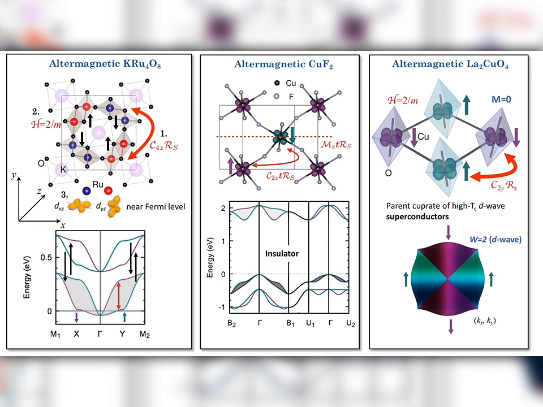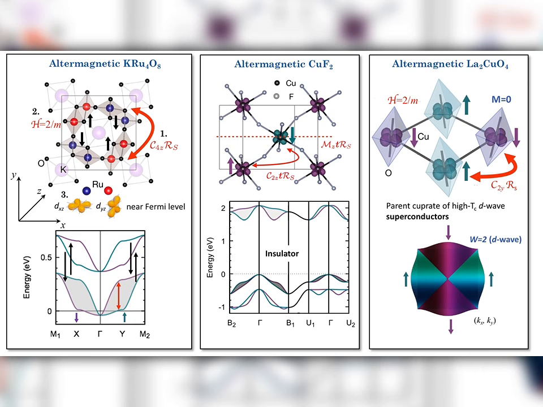And as a result, this parent cuprate will have an altermagnetic order with this winding number 2, or if you want, in orbital harmonic symmetry, it will have a D-wave symmetry of the spin momentum coupling, and that is reminiscent of the D-wave symmetry of the superconducting band gap in the cuprate superconductors.